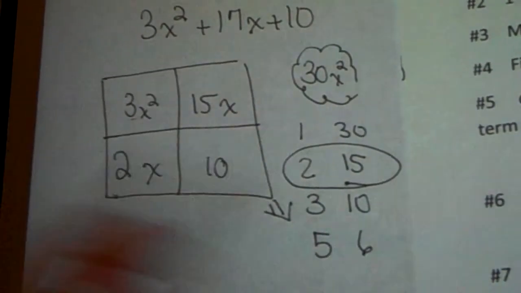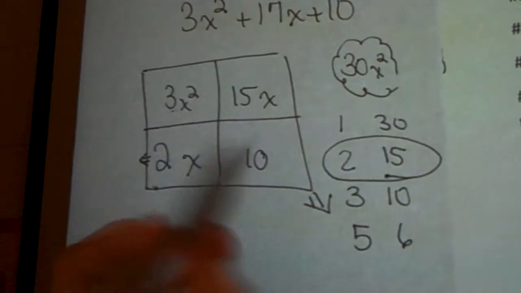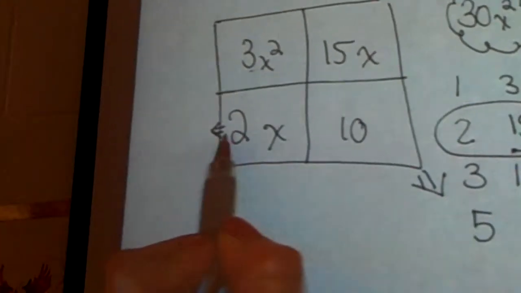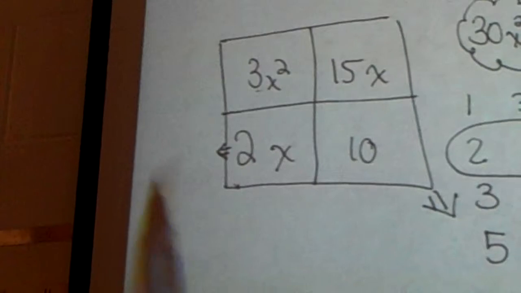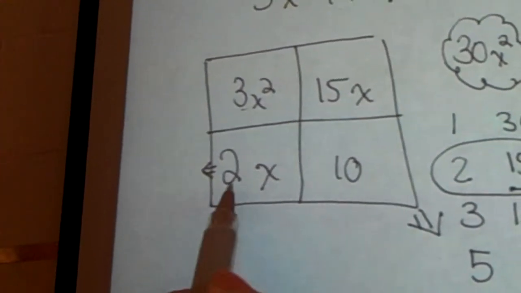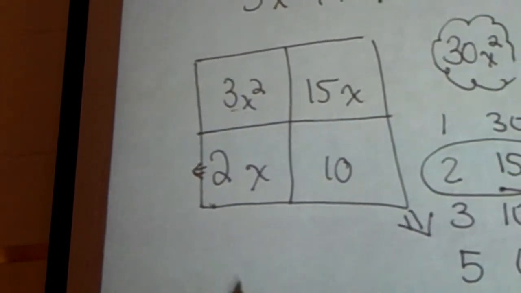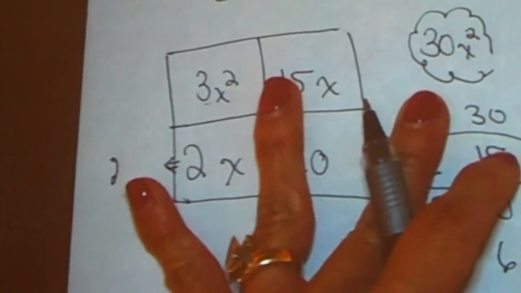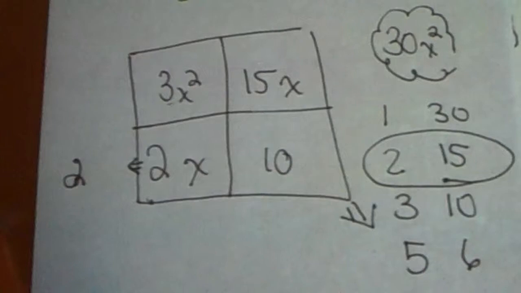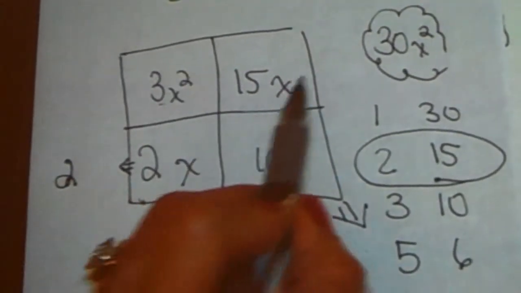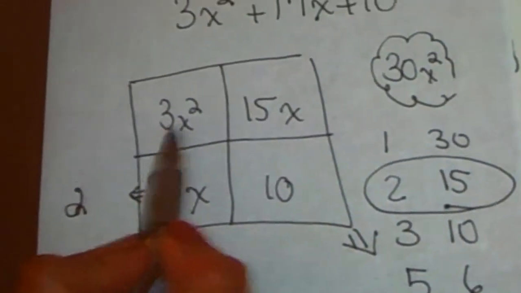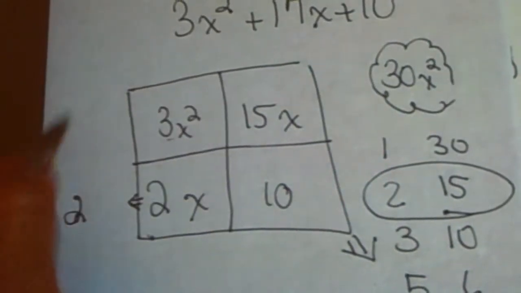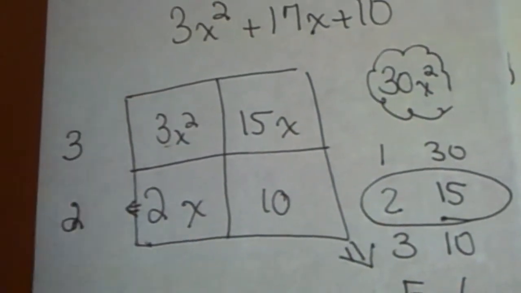Now, step 7. Arrow out. Now watch my pen. Going out this way, arrowing out. Pull out the GCF. What is the greatest common number out of 2 and 10? 2. Very good. Going out, what is the greatest common number out of 3 and 15? 3. What about a letter?